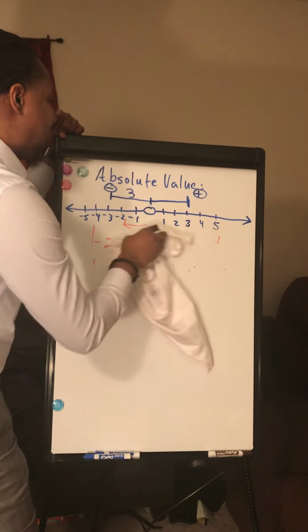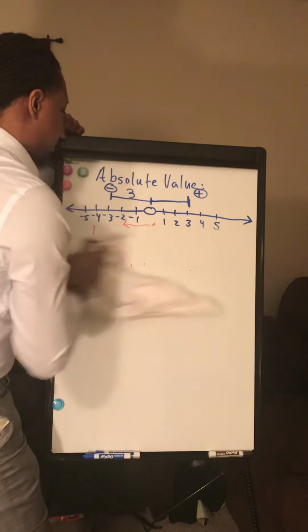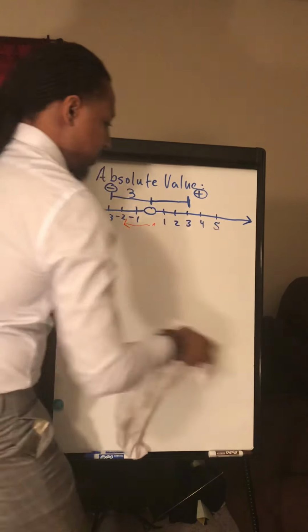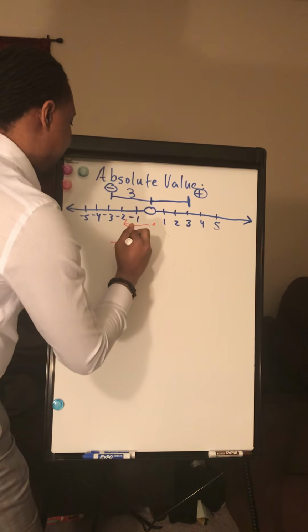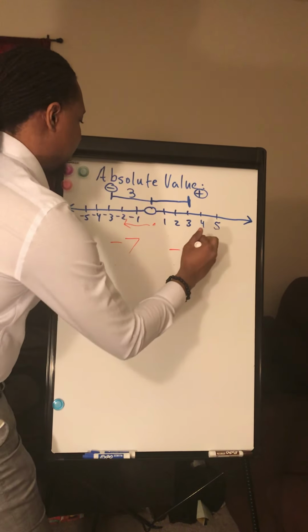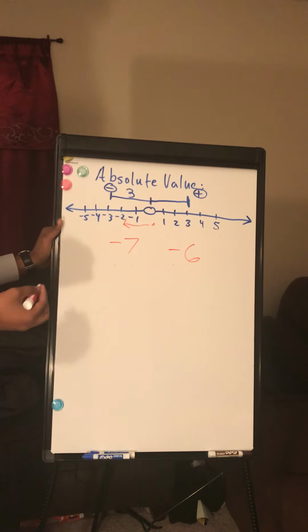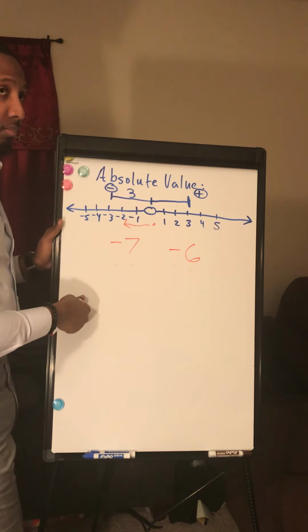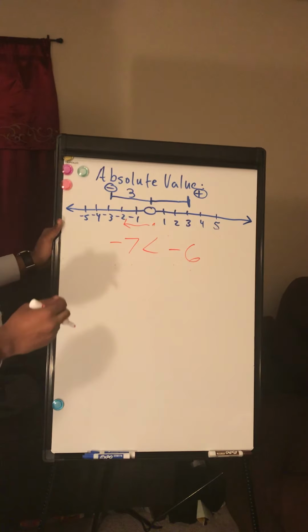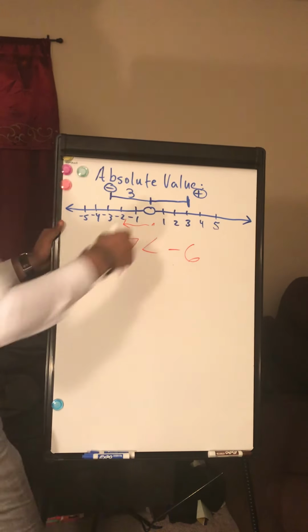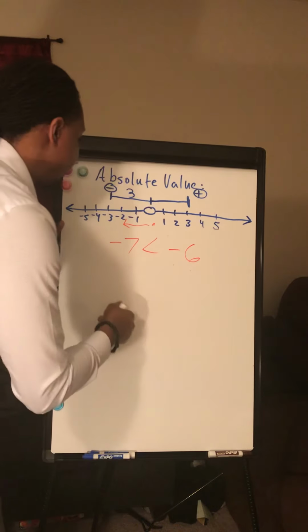Comparing different absolute values. Let's say I had the numbers negative 7 and negative 6. We know that negative 7 is less than negative 6; negative 6 is greater than negative 7.